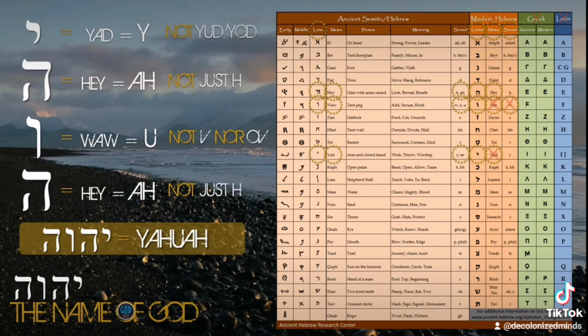So you can see this is a very basic, simple, and yes, phonetic pronunciation in which no vowel points nor extra letters need to be added. You can sound it out with no need for adding vowels. Yahuwah. And so did the patriarchs. And we will prove they pronounced this name this way.